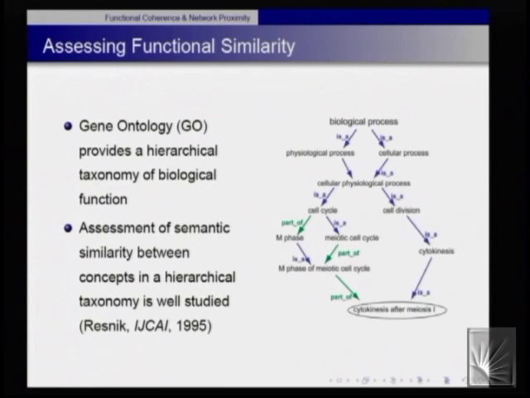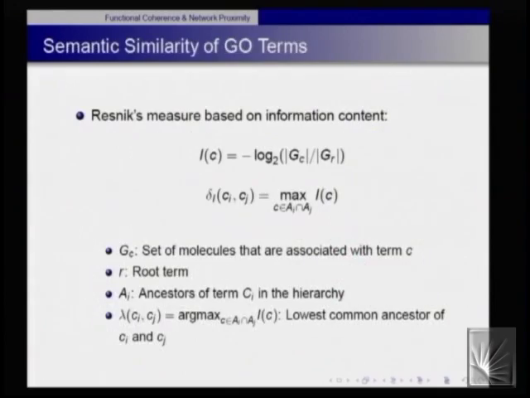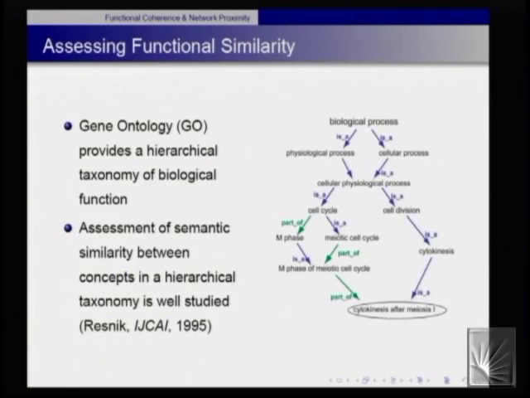Then look at the specificity of this lowest common ancestor, and it will give you an idea about how similar these proteins are. Specificity is measured by the relative number of genes associated with the lowest common ancestor.